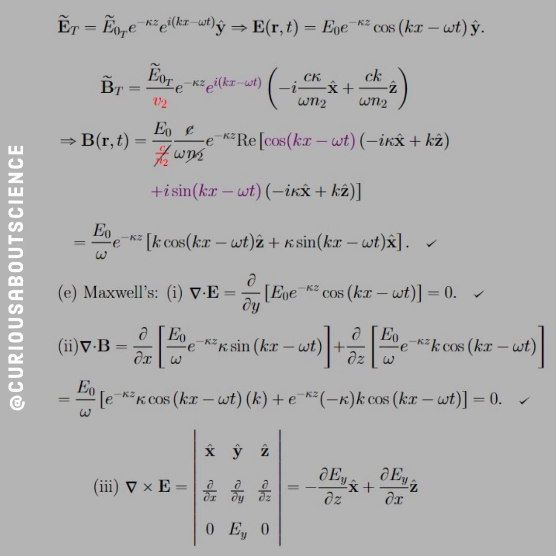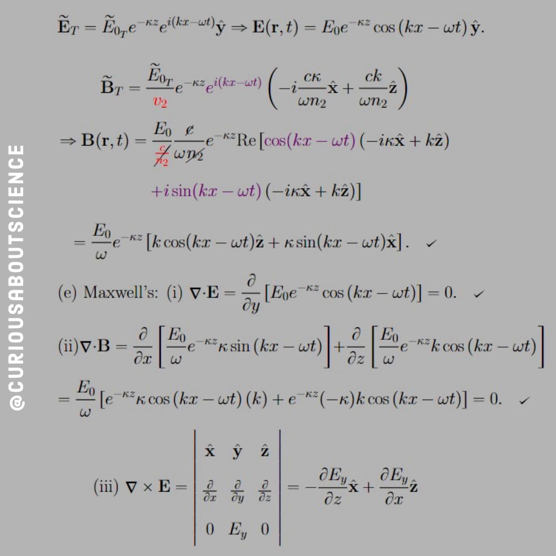Similarly for Bt, we can plug a lot of things in. Okay, so in the red, we correspond that with the c over n2. The purple can be expanded into cosine and sine from Euler's identity, and then distributed with the parentheses on the right.